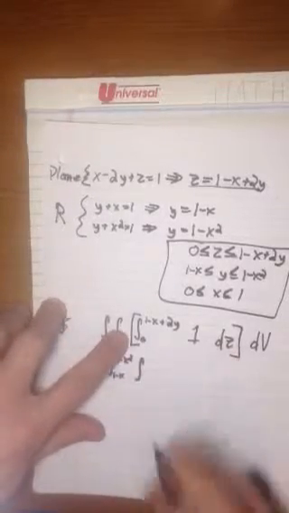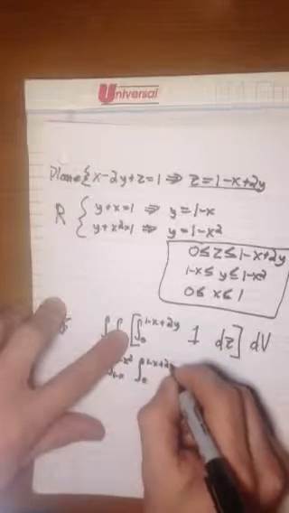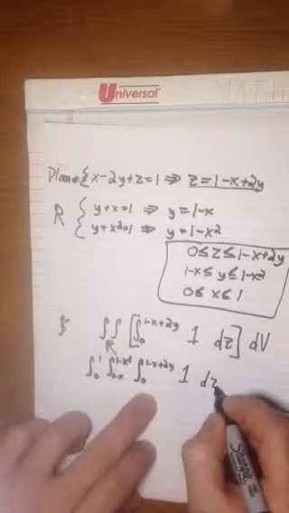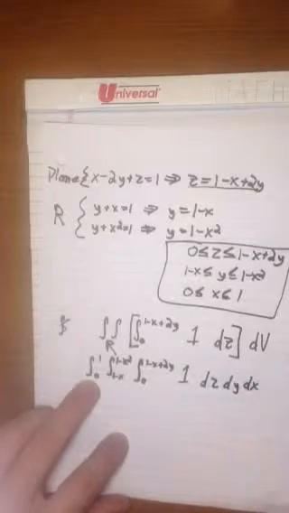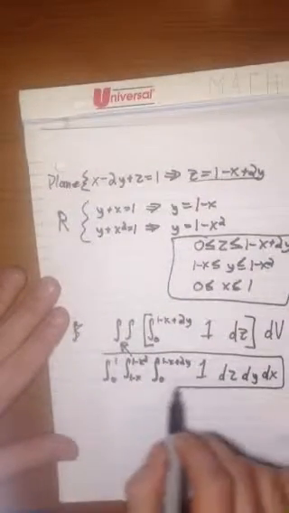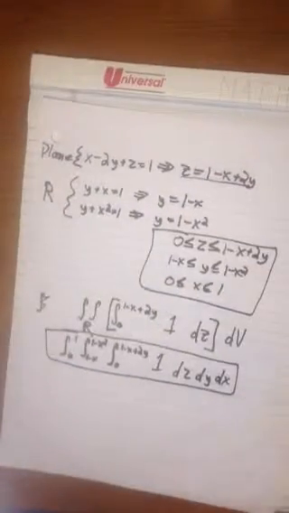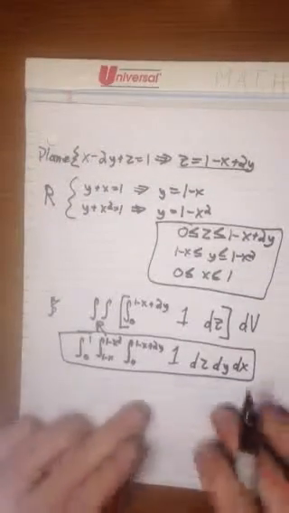And then like we had here, 0, 1 minus x plus 2y, 1, dz, dy, and dx. Now you can solve that for your volume.